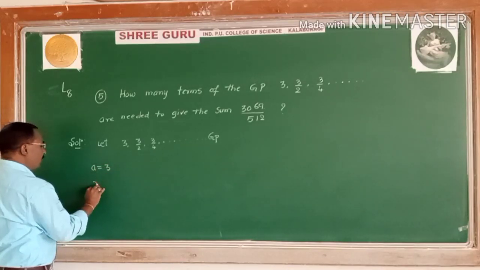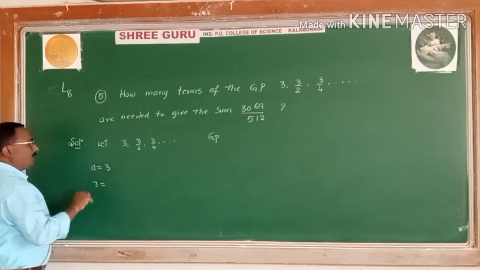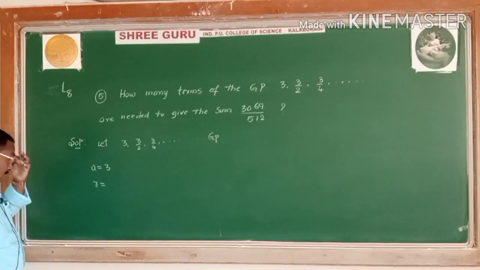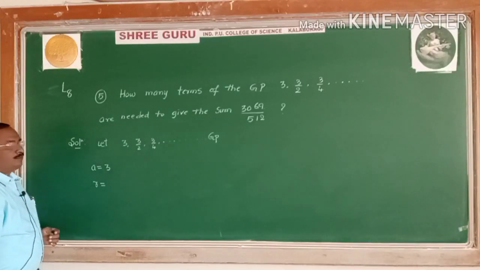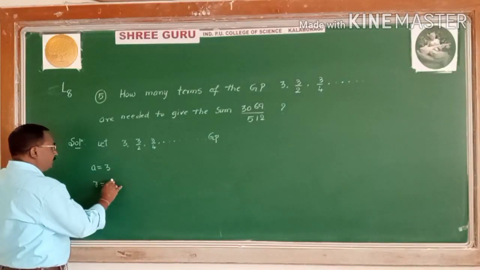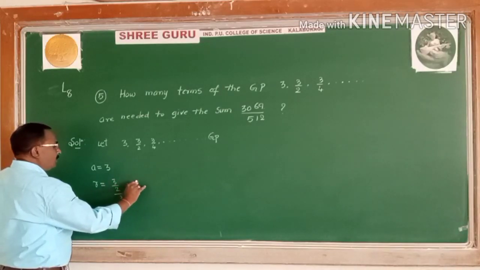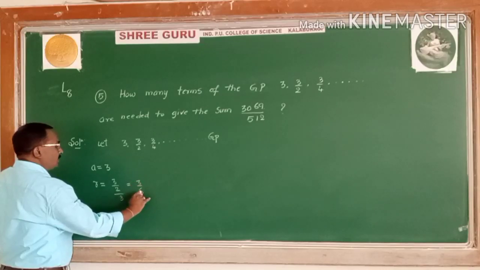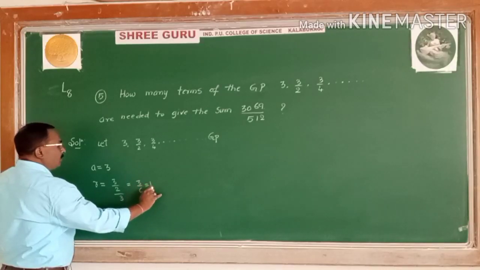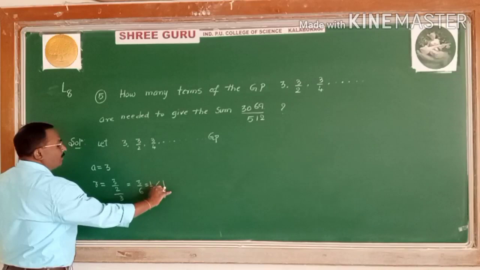Common ratio R is 3 by 2 divided by 3, which is 3 by 6, equal to 1 by 2. 1 by 2 means less than 1 formula.